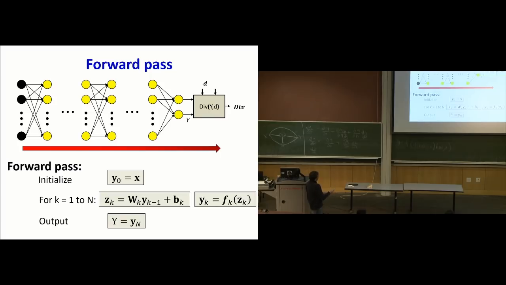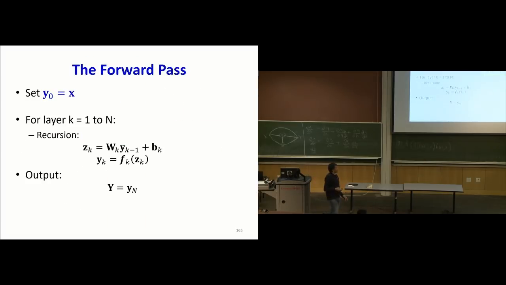I initialize my y0, then for each layer, first I compute the affine combination of the outputs of the previous layer, and then apply an activation to it. And the final output is simply going to be the output of the final layer of the network. So in vector terms, the entire forward pass is this really trivial piece of equation, and if you were writing code for it, this is all the code is going to be, right?